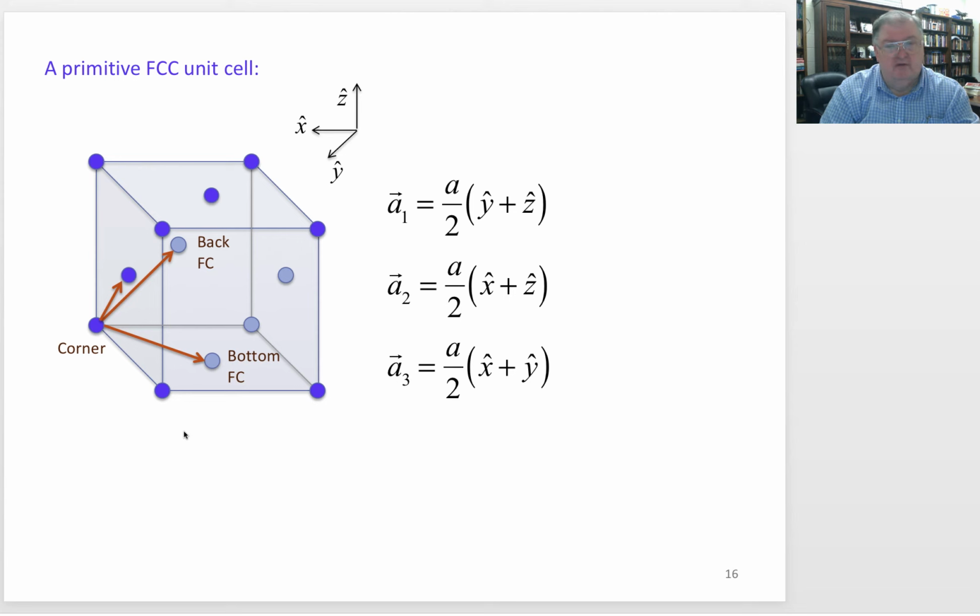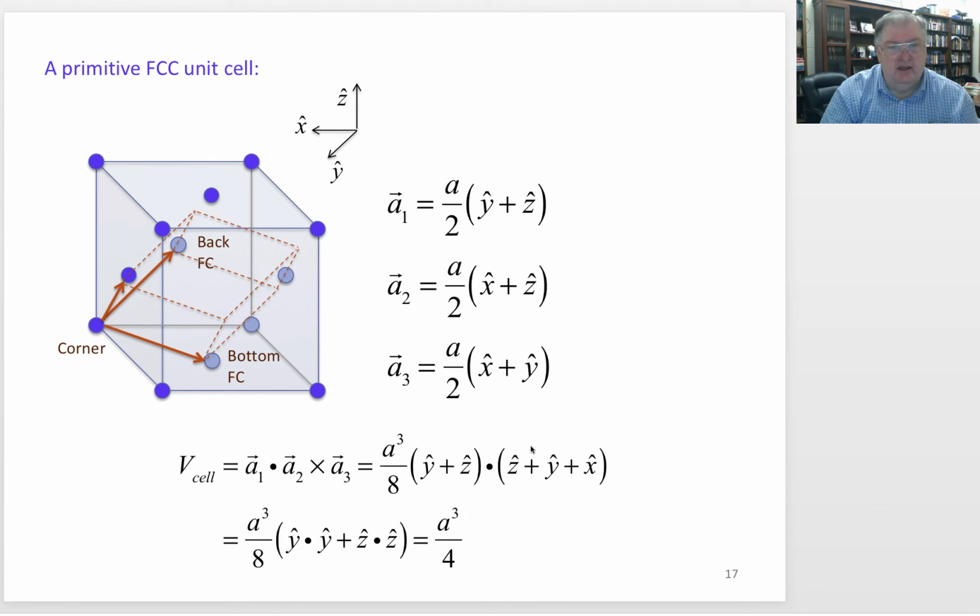One such primitive unit cell that would do that for us, for example, is the one that you see here. I start with this rear left corner point. I come up to the face point on the left side. I go to the face point on the bottom. I go to the face point on the back. For this coordinate system, here are these 3 vectors, A1, A2, and A3.